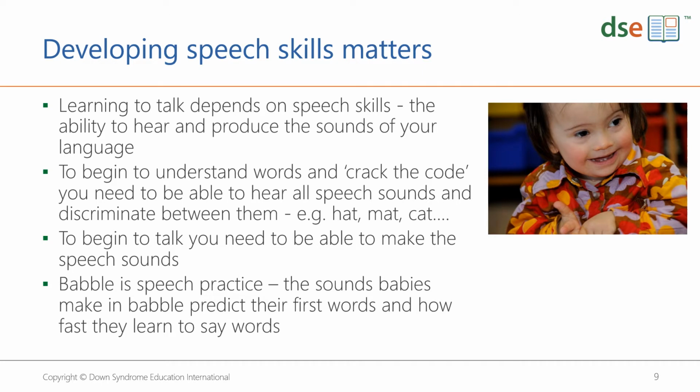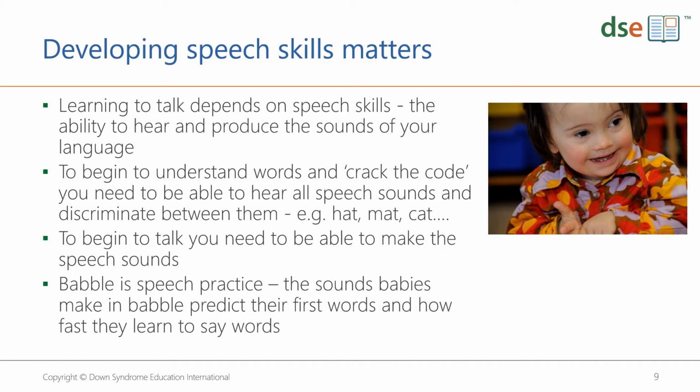I've used the example already of rhyming words like hat, mat, cat, sat, bat. They all have completely different meanings. And if the child can't actually hear those initial sounds and hear the difference between h and k, then they're not going to be able to learn to understand those words. So being able to hear and discriminate all the sounds matters for learning to understand words, for the language learning.